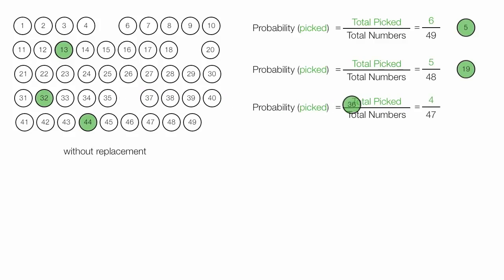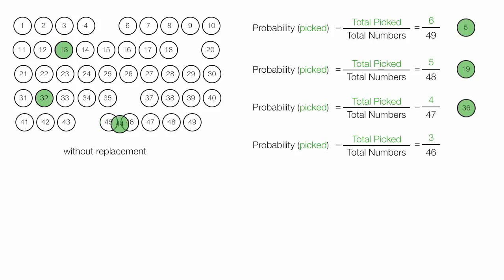Let me bring that ball over. I have, again, the same thing over and over again. I hope you're getting the hang of it. Now I have 3 green balls left. So it's 3 out of 46. Bring that over. Now I have 2 out of 45.